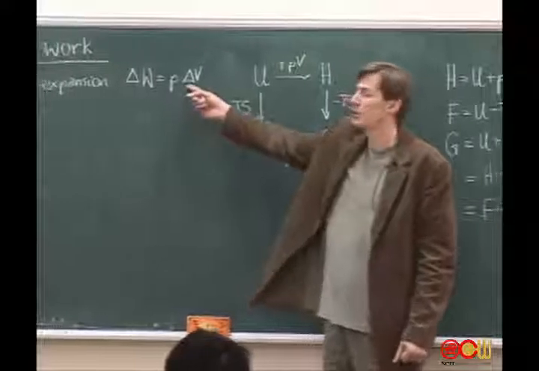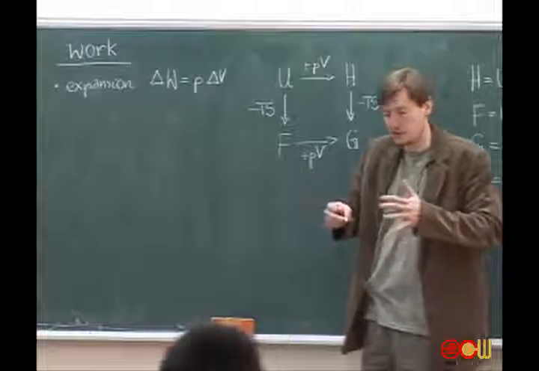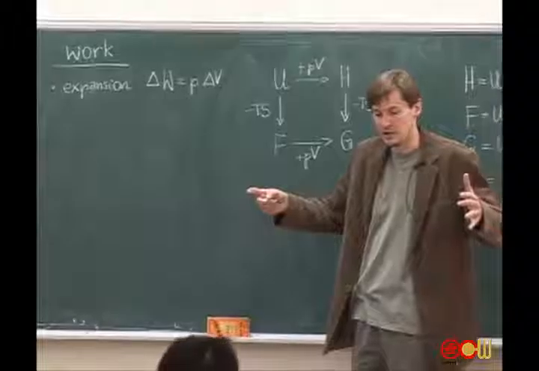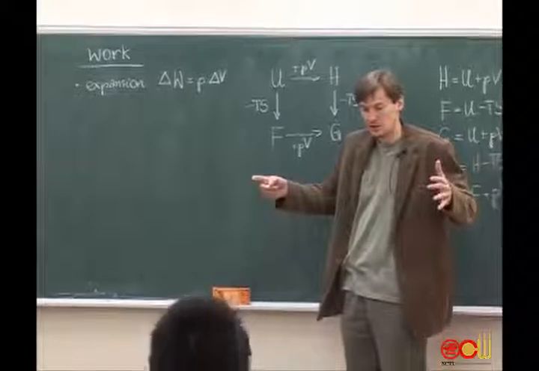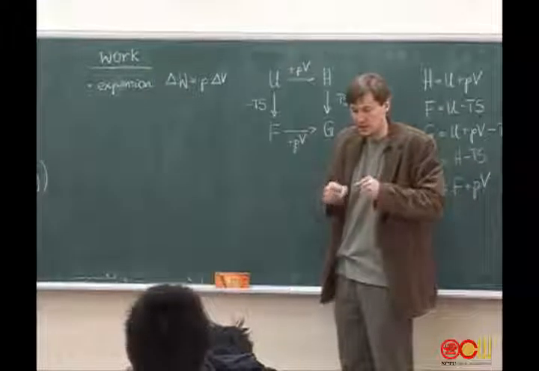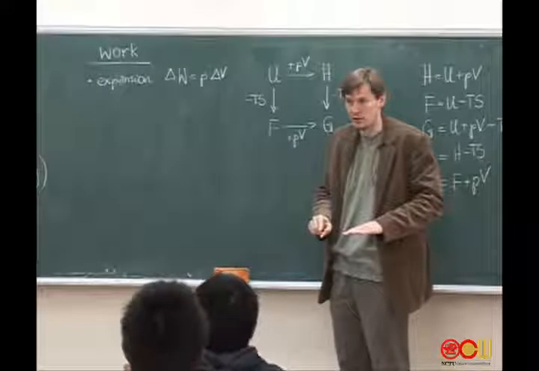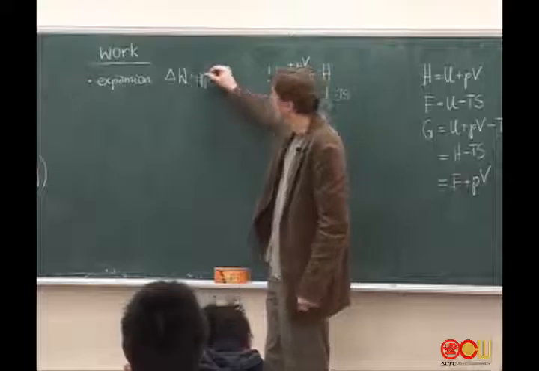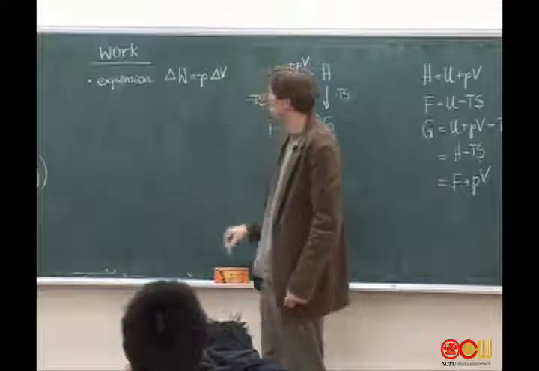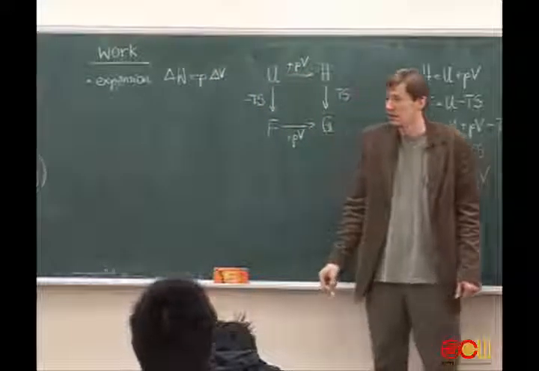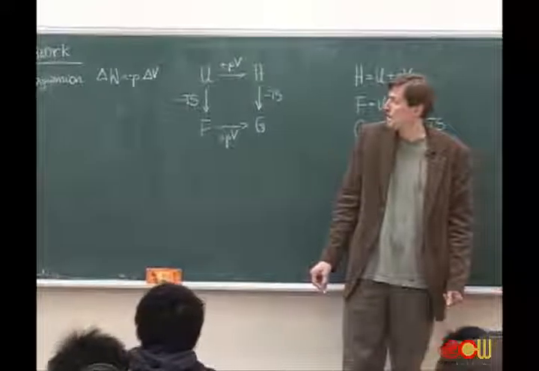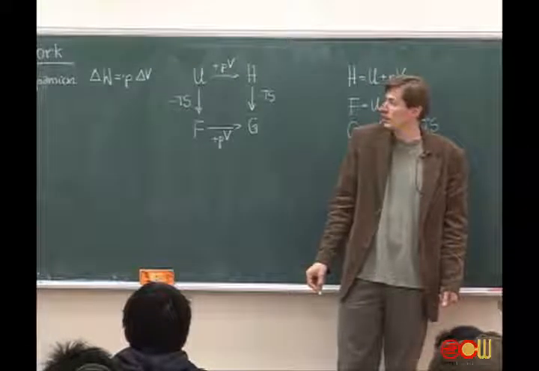And we should stop here for a moment, because if you think that the volume is getting to be larger, it means the system did work. After the system did work, the energy of the system went down. So the volume is negatively proportional to the energy, the minus sign.